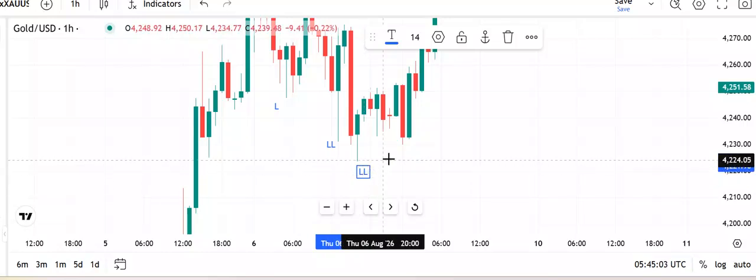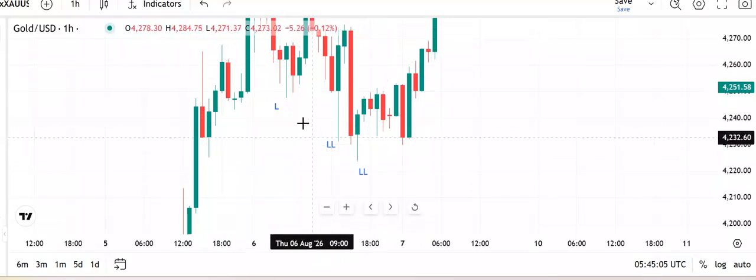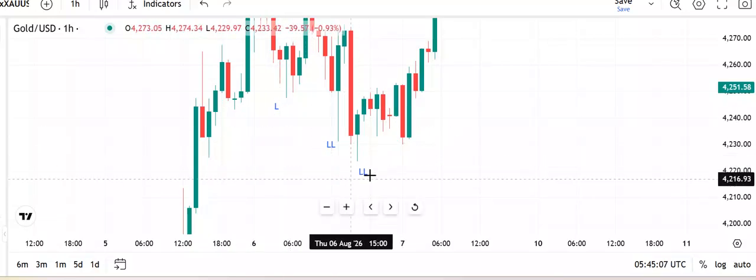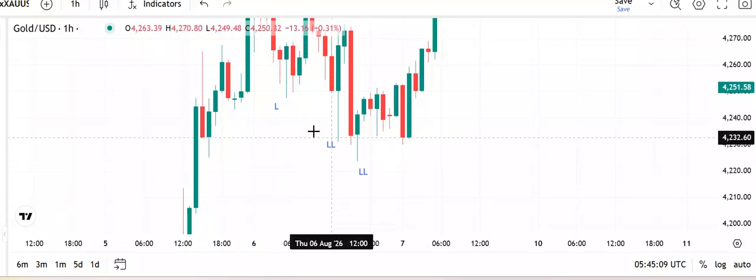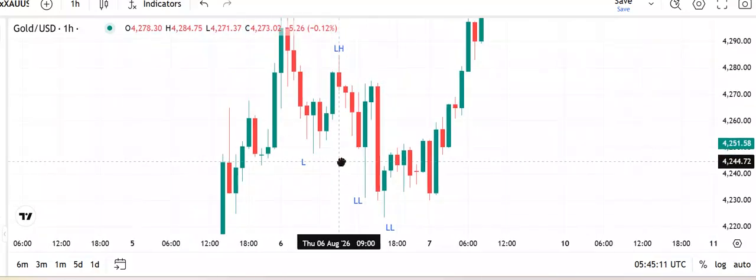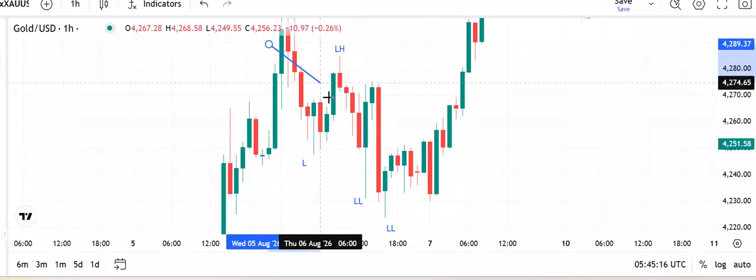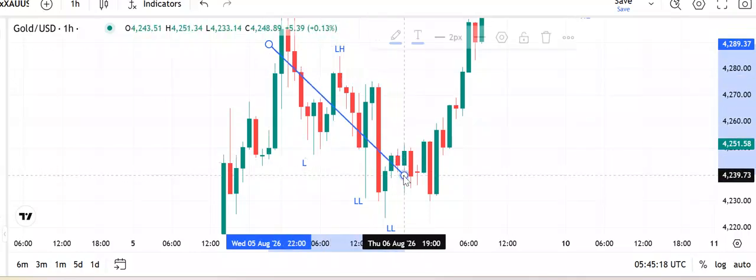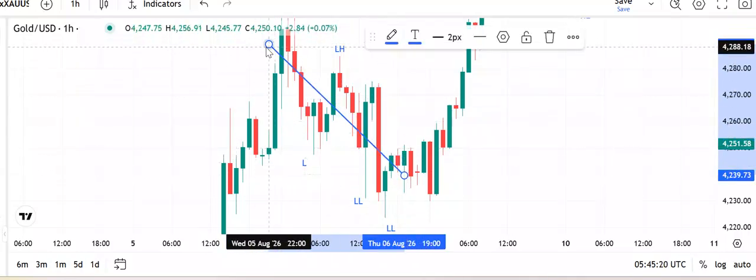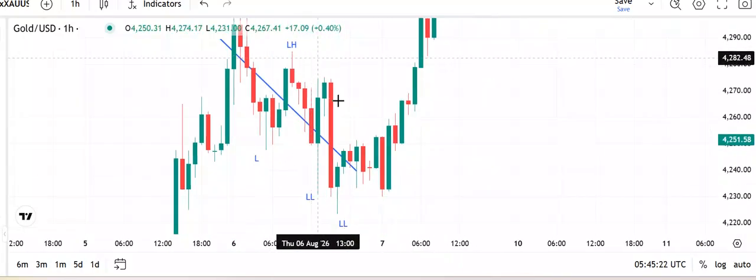Now this lower low is lower than all these previous lows, so it's going to be our external low. All these previous lows are within this particular leg, leg as in from this area all the way down.